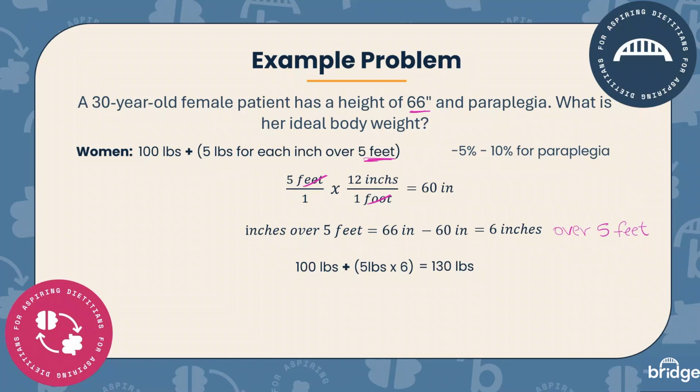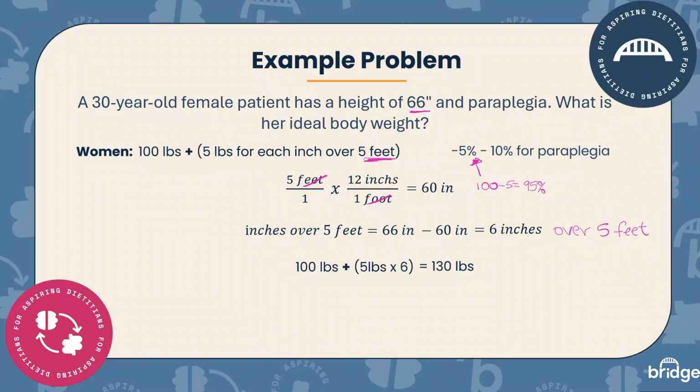But since this person has paraplegia, we would subtract somewhere between 5 and 10%, subtracting 5%. So 100% would be exactly 130 pounds, but we want 5% less than this. So we're talking 95% here.